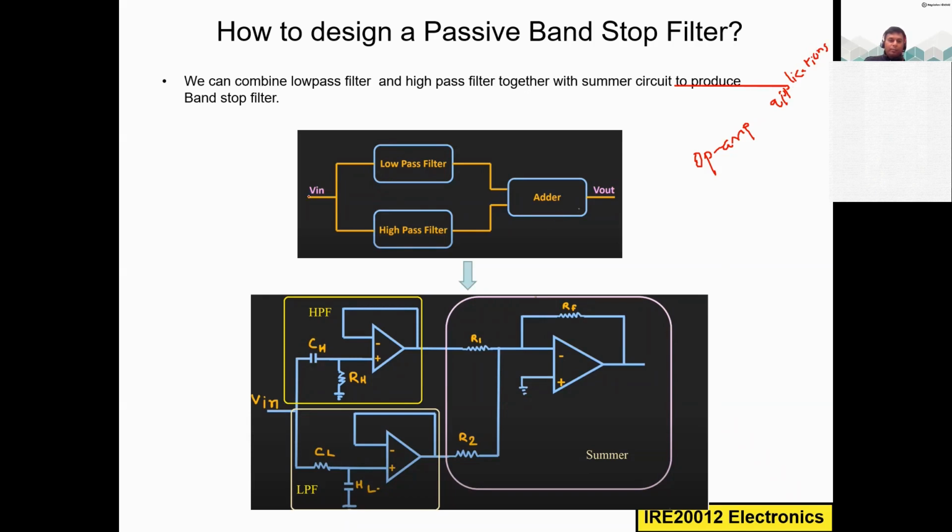Okay, so we are applying the input to the low pass filter and high pass filter, and then we are getting the response of the low pass filter and high pass filter, and we are adding these frequency responses. That is, we are taking this and giving it as an input to the adder, and then we are getting the output.